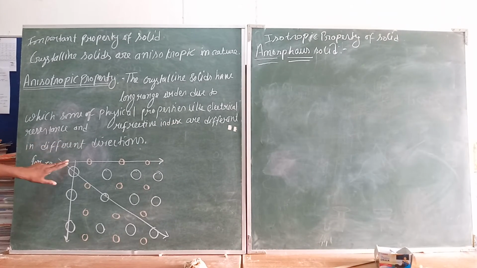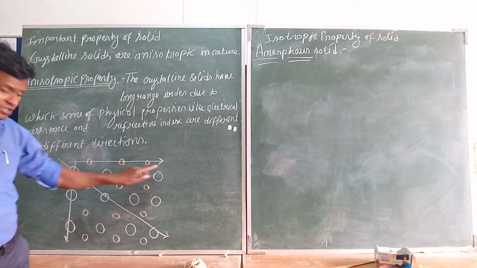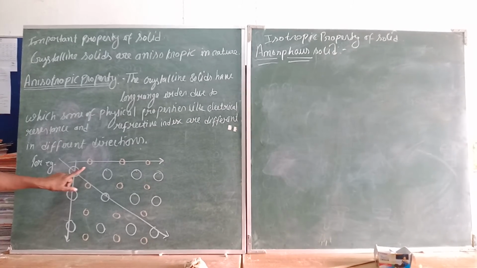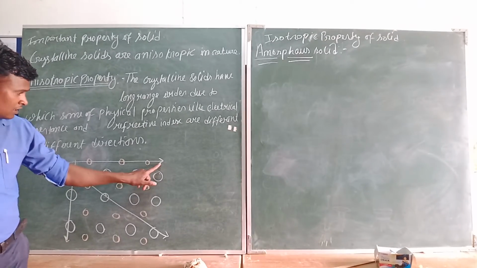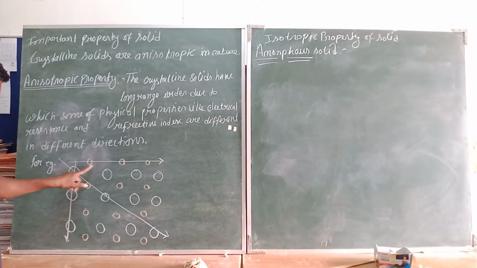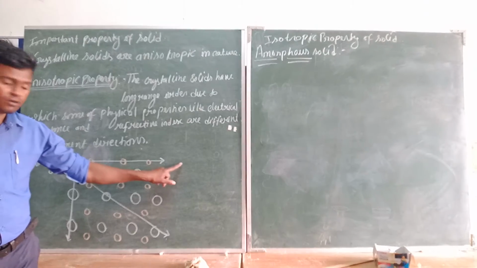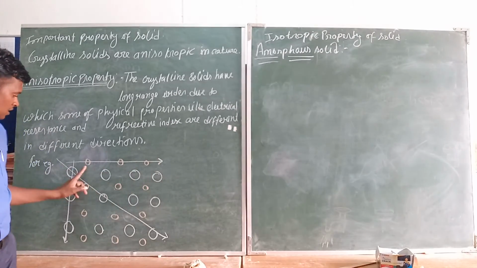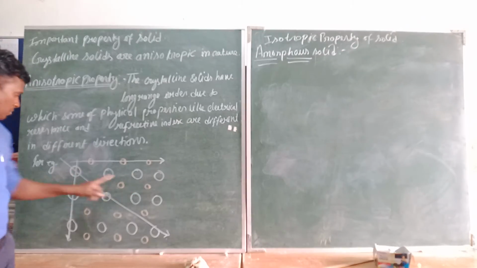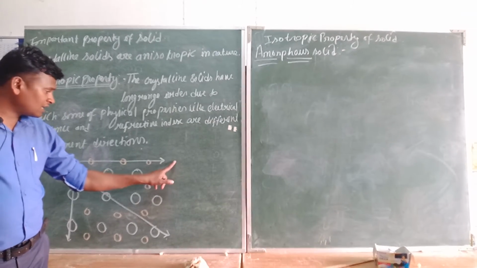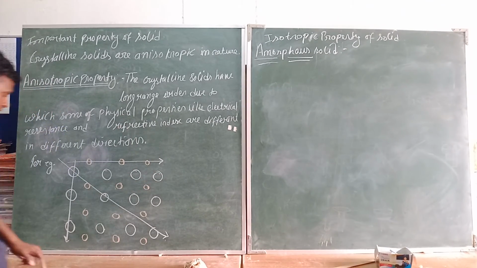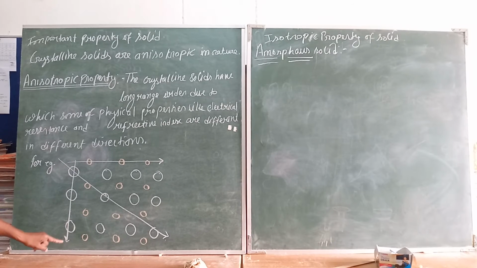You can see here, suppose we are moving along this direction, the electric charge or the ray of light has to cross these small particles or atoms. Suppose we are moving along this direction, the electrical resistance would be different. And if we are moving along this direction, the electrical resistance will be different.